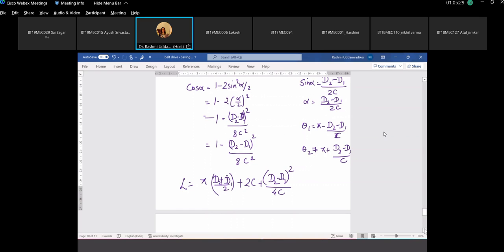For the given belt design, quickly give me the length of the belt. Give me the length of the belt and then we'll stop.